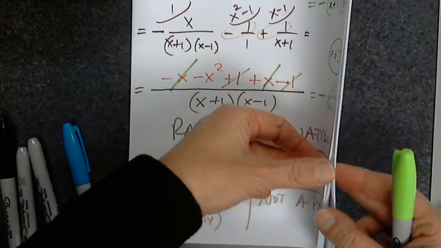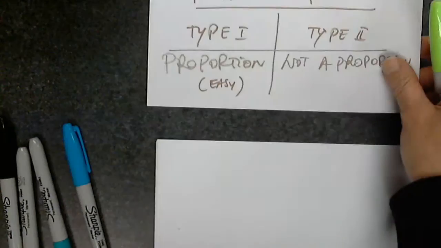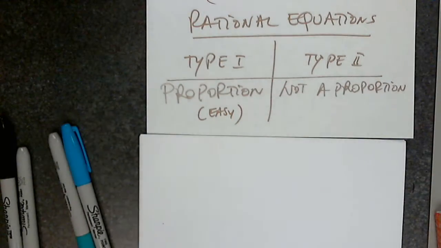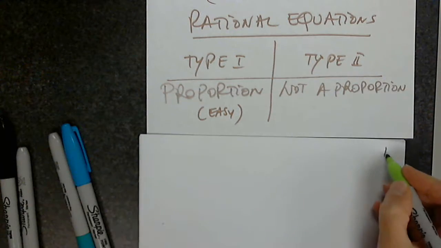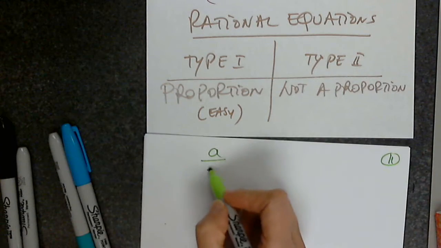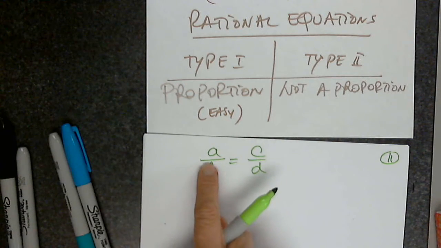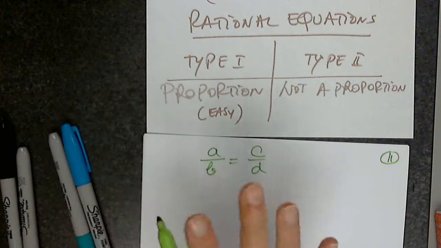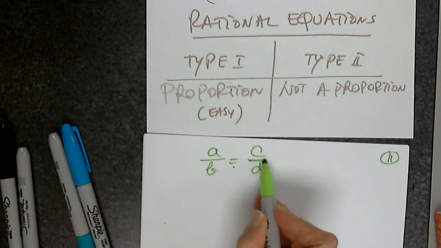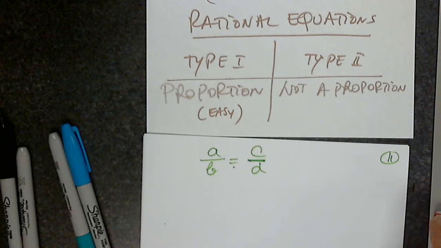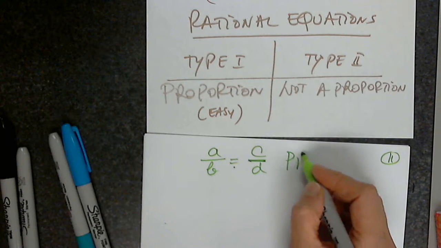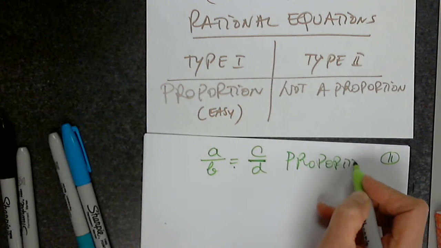Let's discuss, first of all, what a proportion is. So two types of rational equations. One which is a proportion and the other one which is not. Okay, so let's talk about proportions. This is a proportion. One fraction, nothing else attached to it, nothing. The equal symbol, another fraction on the other side, nothing attached to it. This is what we call a proportion.